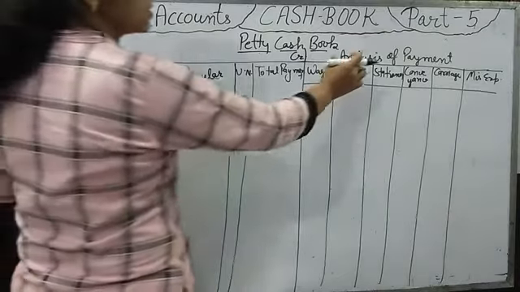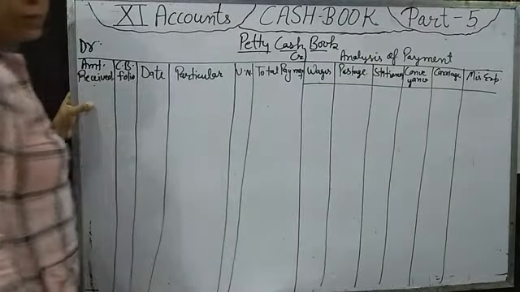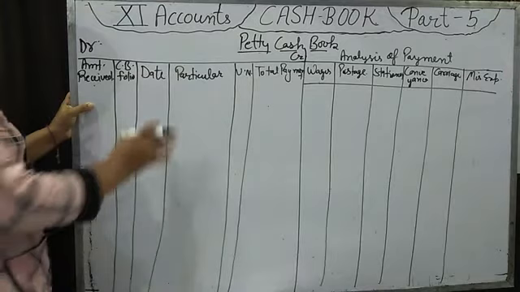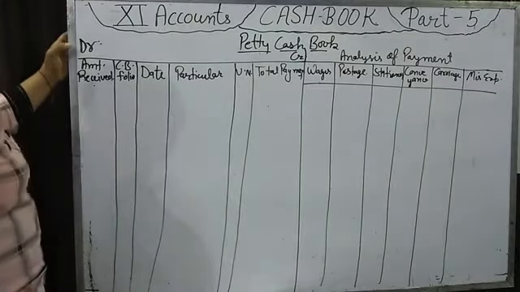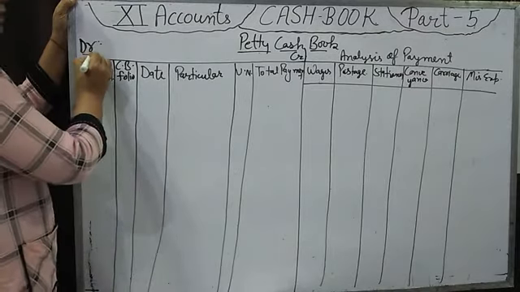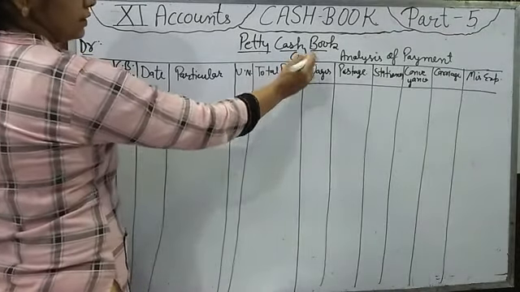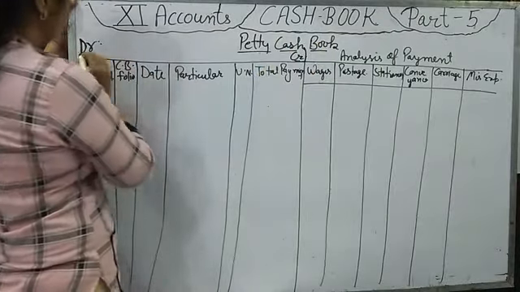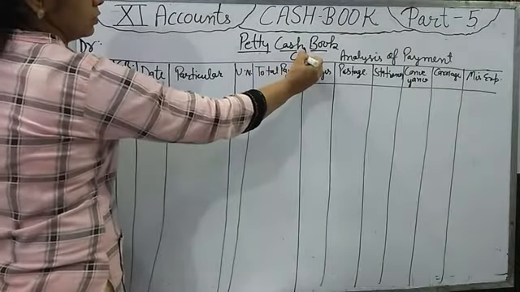This is known as analysis of the payment. So first we will discuss the first half part. This side is debit and this side is credit. This is the first half part, up to this line.